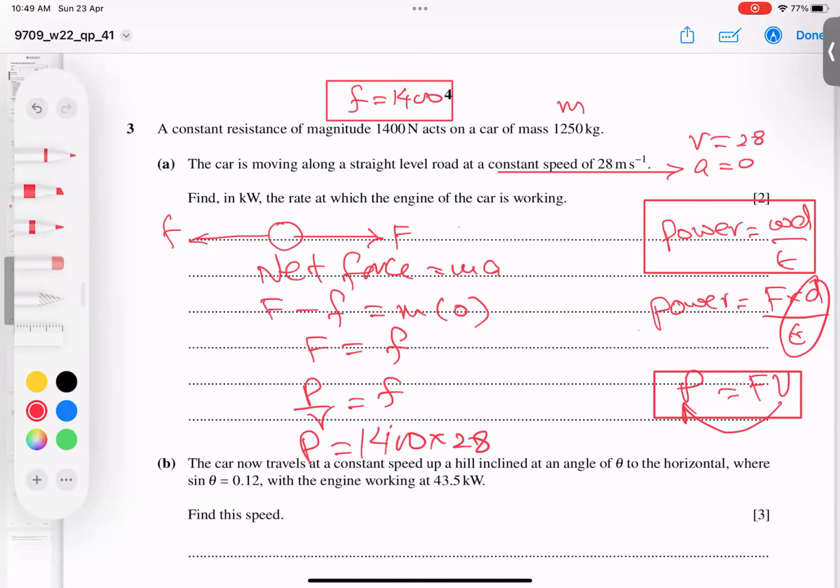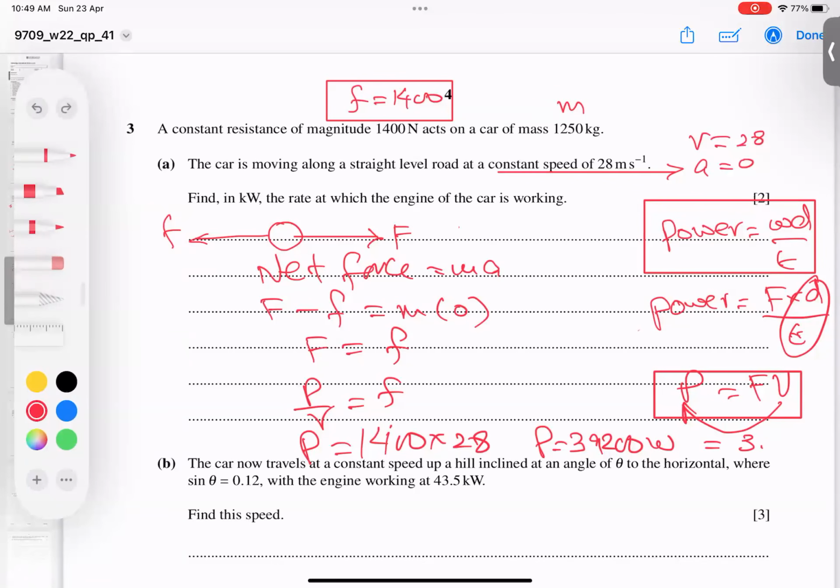Simply a matter of typing in the calculator. So the power is coming 1400 into 28. It's coming 39200 watt. But I want to convert into kilowatts, so divide by 1000, 39.2.